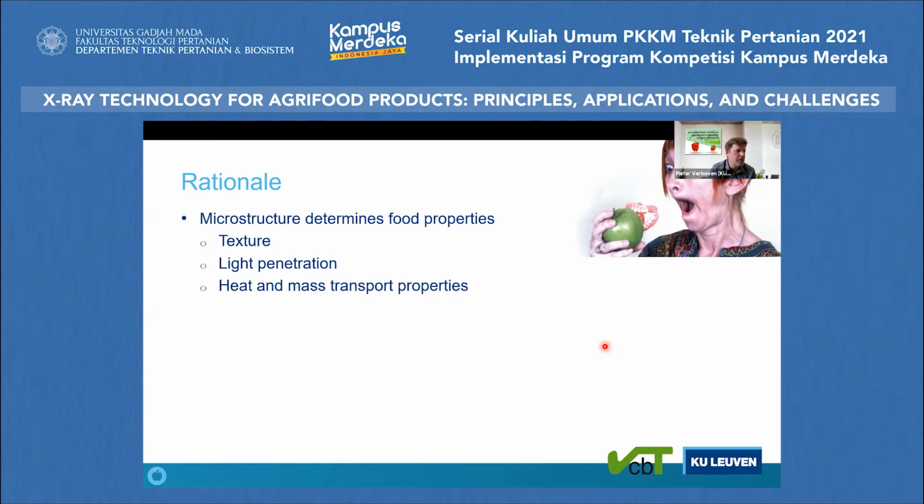Other food properties like light penetration, you might think this is an odd one in this list, but if you think about it, light is used in a lot of applications in the industry nowadays, where it is used in spectroscopy methods to measure anything related to quality attributes.